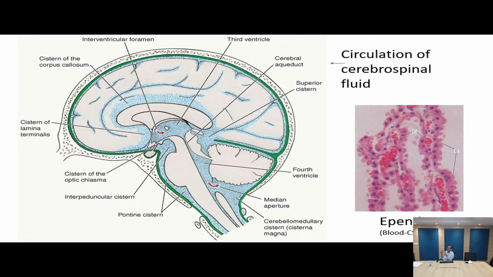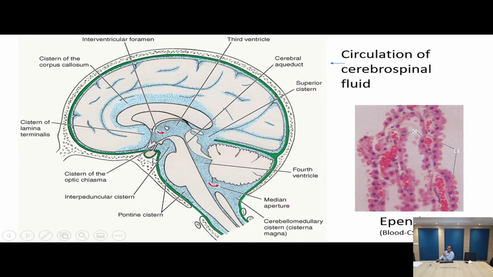And each brain has three mothers. The innermost one, which is closely accompanying the brain, is the pia mater. Mater means mother. So this is the pia mater, which is a close friend of the brain, never leaves the brain. Then there is the arachnoid mater, and then still outside is the dura mater.